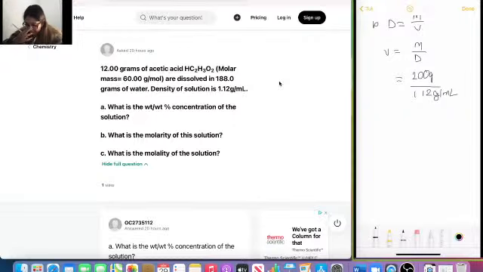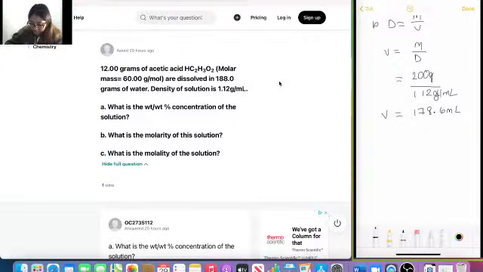We can cancel out the grams, so 200 divided by 1.12 is around 178.6 milliliters. But molarity uses volume in liters, so we have to convert.